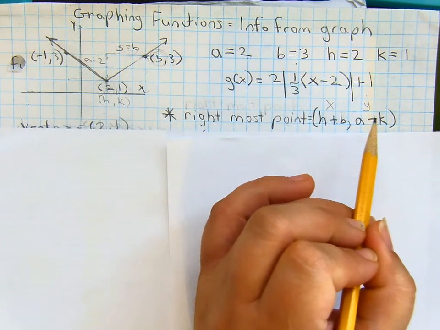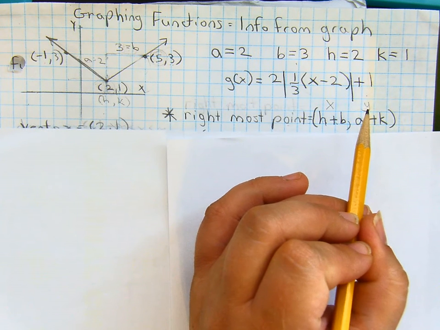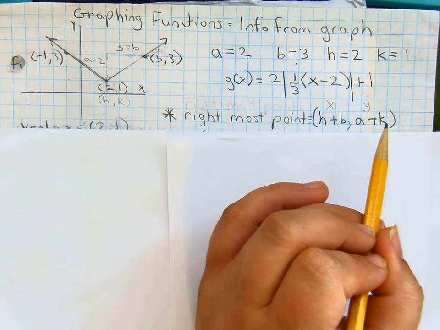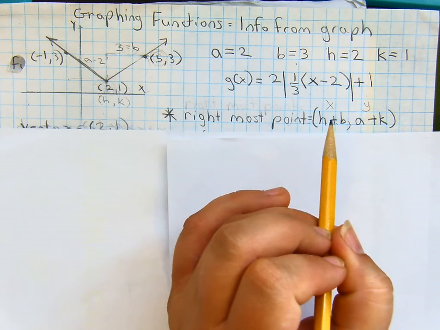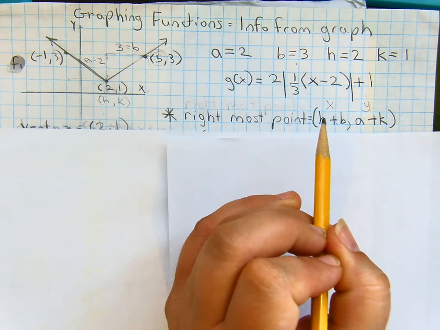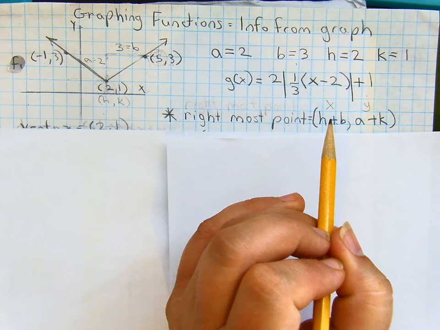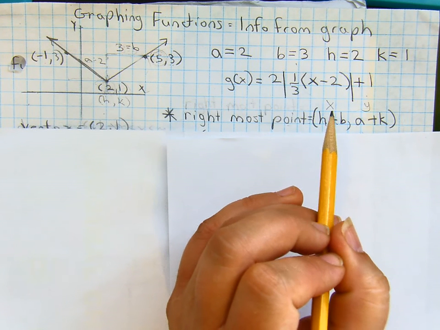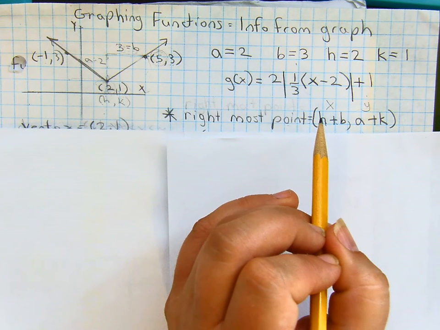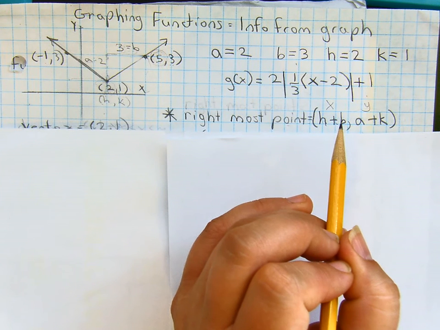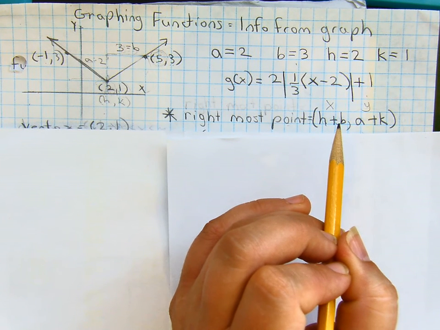So these you can set equal to the rightmost point, plug in what you do know, and solve for the other one. Same thing here: if I know how much h is, I know how much x they should add up to equal, then I can just subtract to find my b, which is what I did.